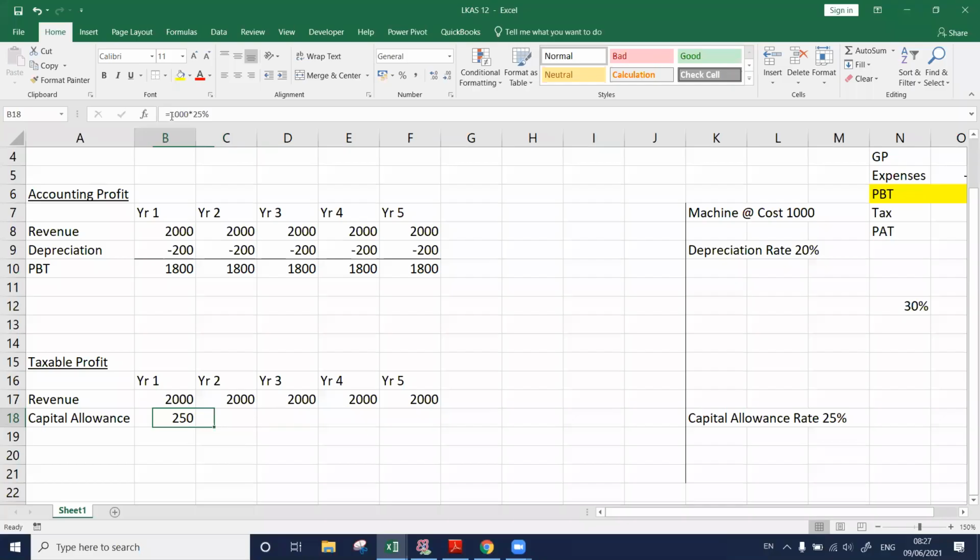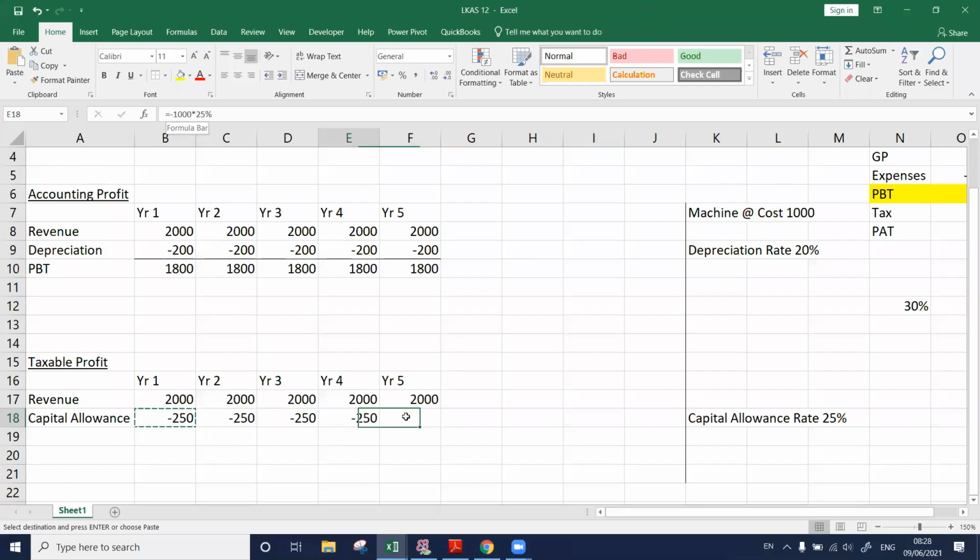Year 5, what will happen? Can we deduct a capital allowance in year 5? Nothing. Why? All this 1000 we have charged over this 4-year time period. Therefore, nothing we can deduct as capital allowances in year 5. Okay.